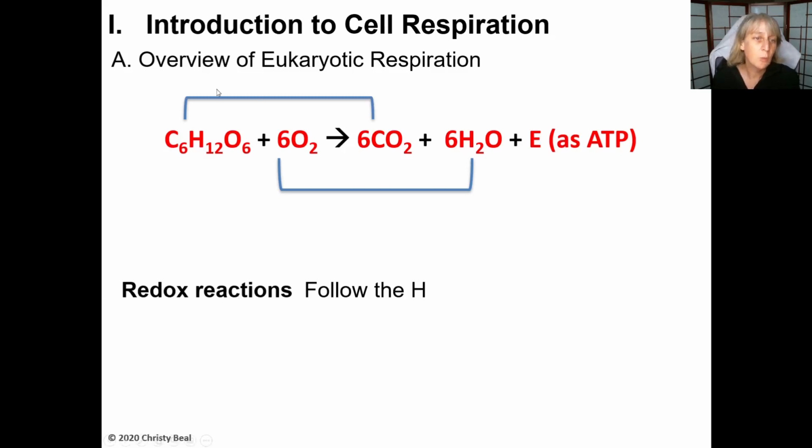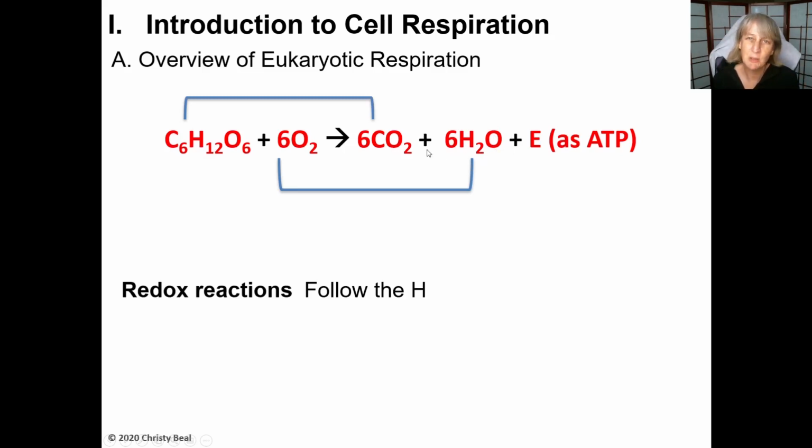In this formula, we're taking the sugar that was made in photosynthesis, and in the presence of oxygen, we're going to do some stuff with some enzymes. We're going to have some metabolic processes, and the byproducts, the things that are given off, are going to be carbon dioxide. That's what you breathe out. There's some metabolic water.